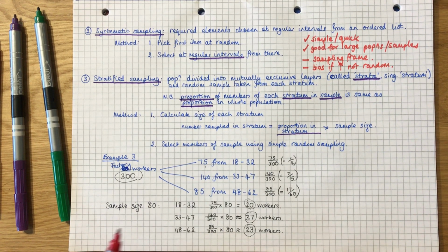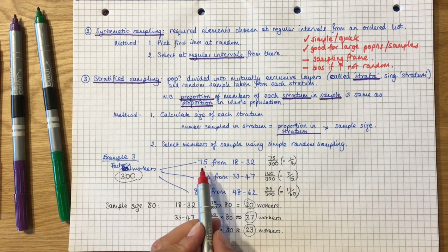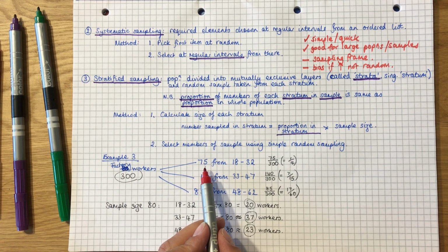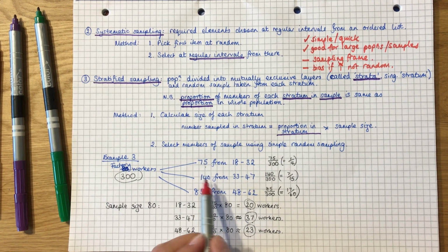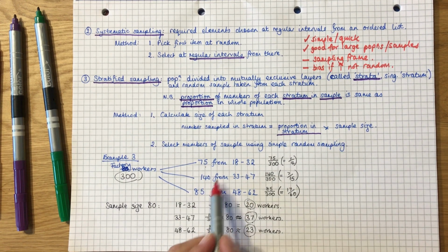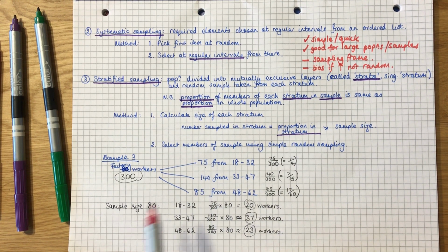Imagine, let's think about our factory workers. If you put all of the 75 younger workers together at the start, let's say you arrange them all in age order, and then your next 140, as you go at regular intervals, you're going to get more of these, but not more that it represents the proportion exactly. So there's potentially going to be some bias there.